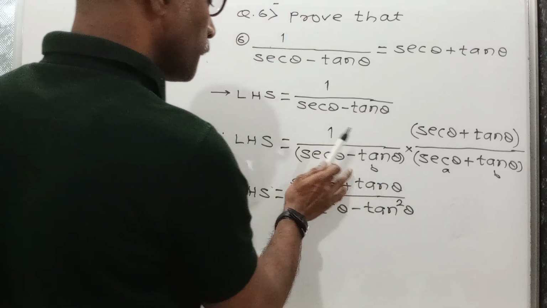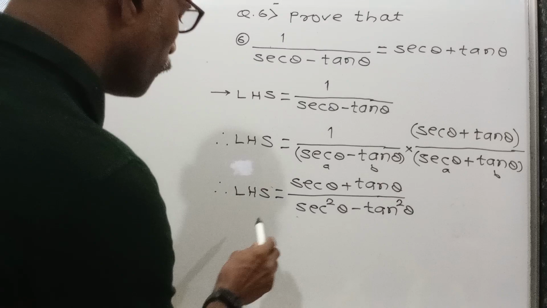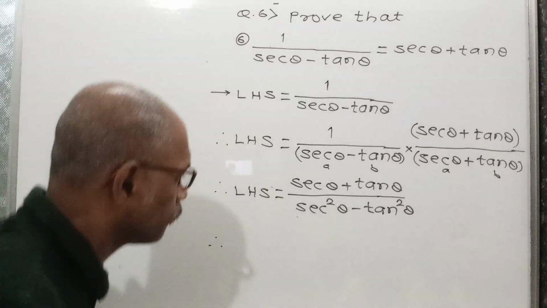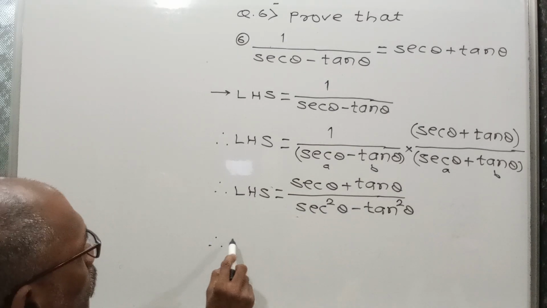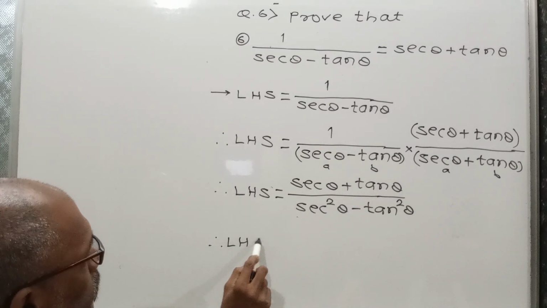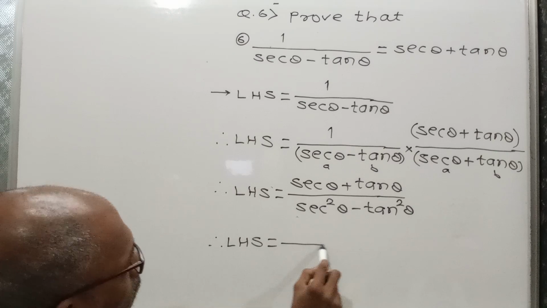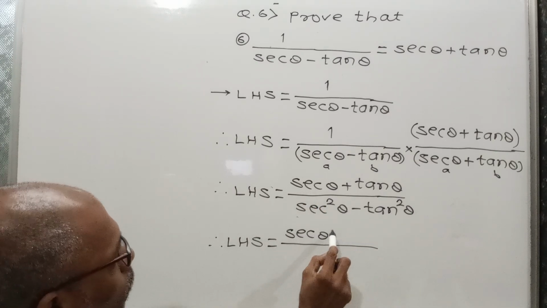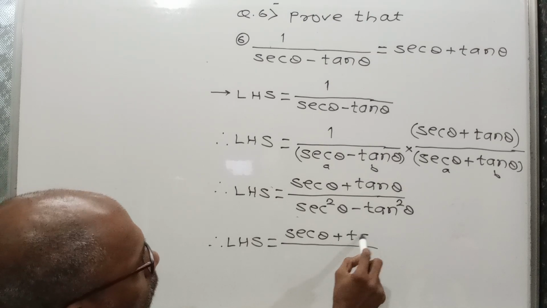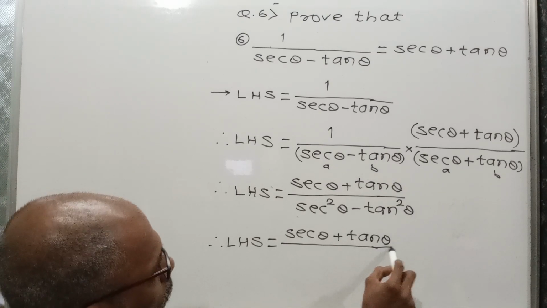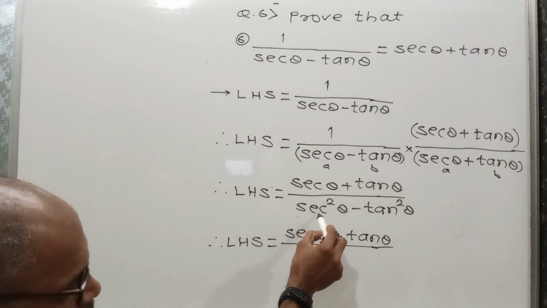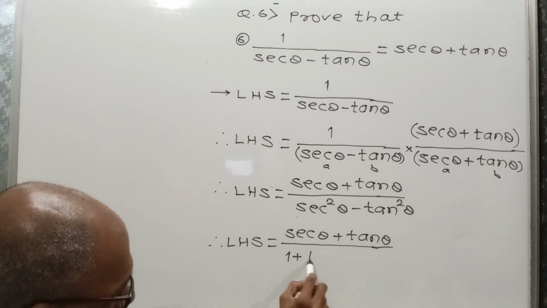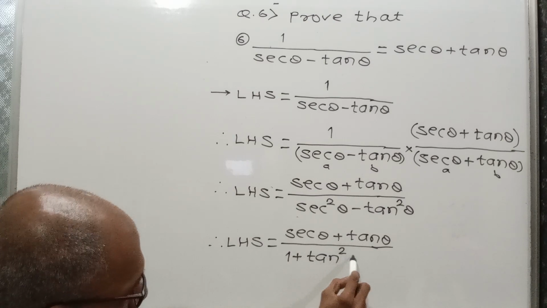Did you understand? Now we know, I have given the formula for sec square theta. See this, LHS is equal to sec theta plus tan theta upon, I have given the formula for this sec square theta, that is 1 plus tan square theta.